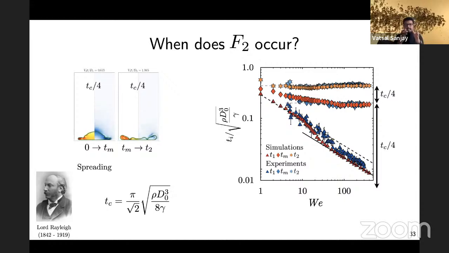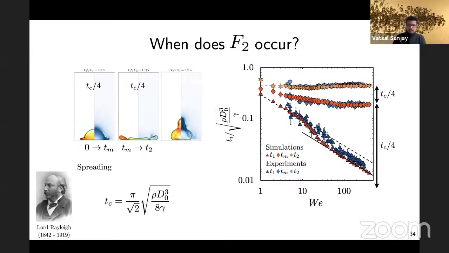And we can think of that as because of the formation of this jet, which forms because of the converging flow field as the drop is retracting. At some point, this flow goes from being in the radial direction to being in the axial direction, and that leads to the second peak in the force, and that happens precisely at half a drop oscillation cycle.